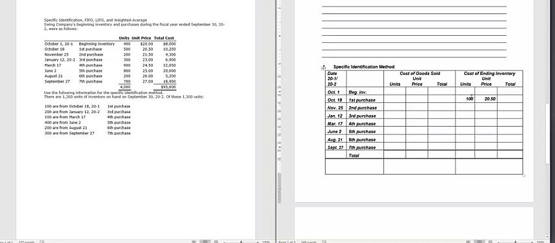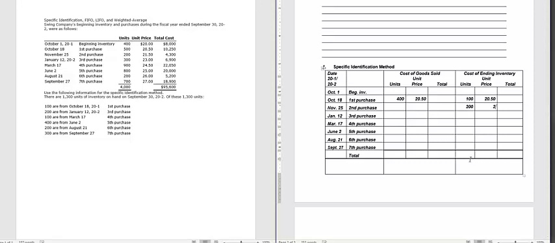So if we still have 100 of these units, that means that 400 of them were sold, and their cost was $20.50 each. Okay, we'll go to the third purchase. 200 we still have in ending inventory. So 200, and the third purchase cost $23.